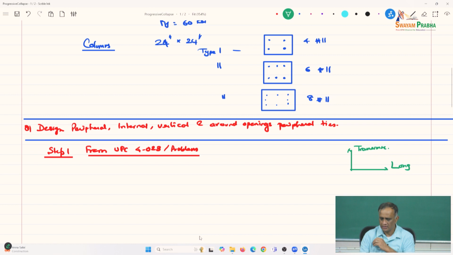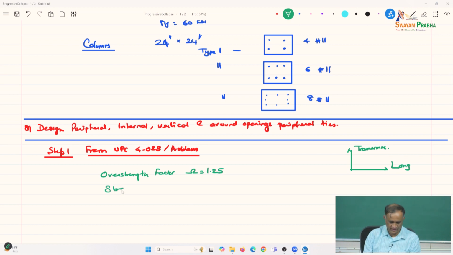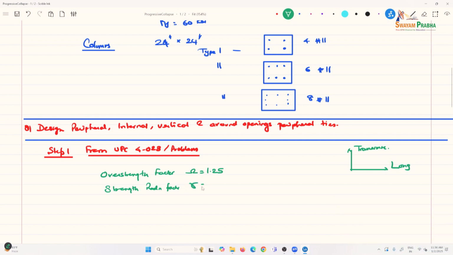Other information is the overstrength factor omega is 1.25, and then you also have the strength reduction factor is 0.75. For now, take this data as needed.